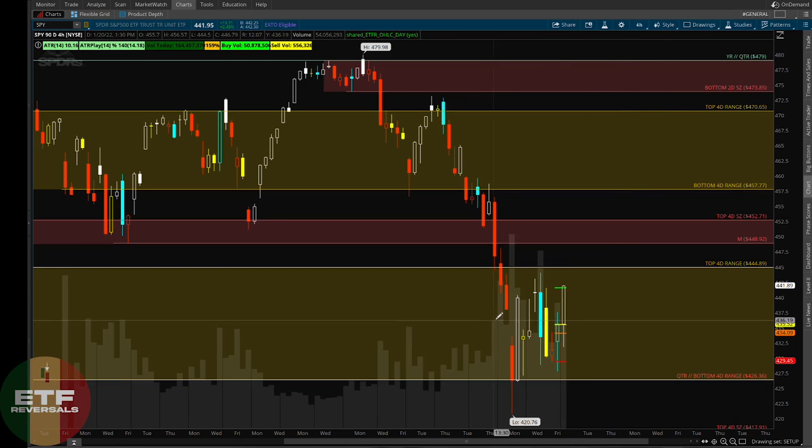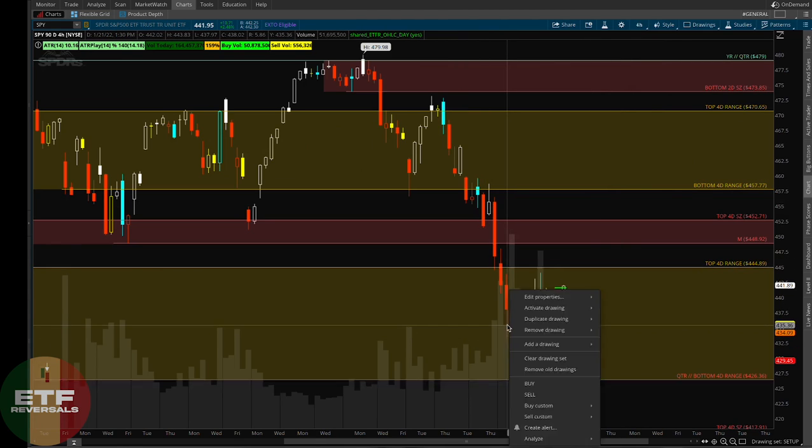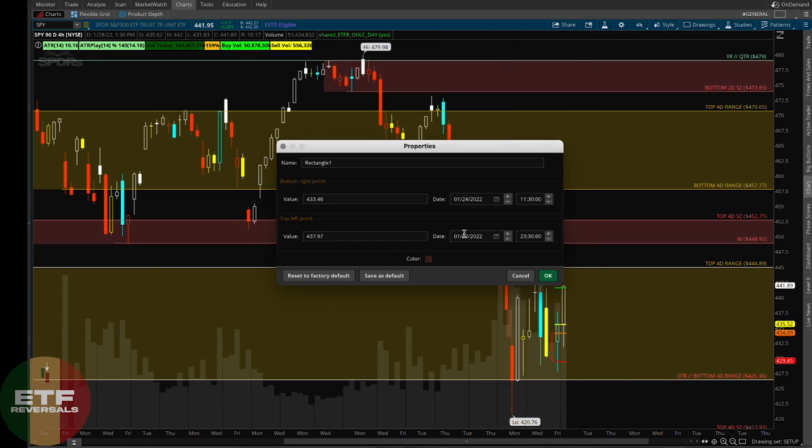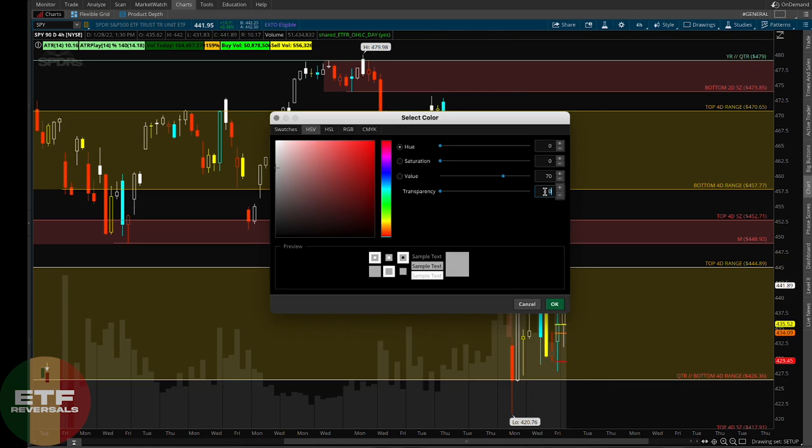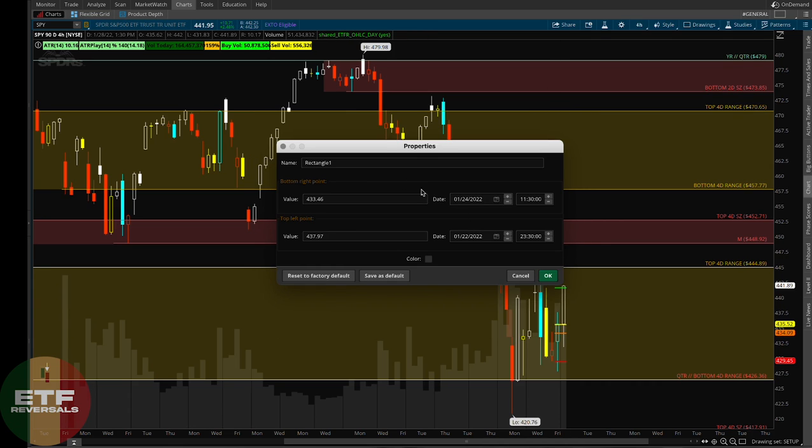4 hour. Okay, so here's a gap here. Now we already filled it, but it's still important to note, just so I'm doing a full technical analysis of this chart so you guys can see how I set up.